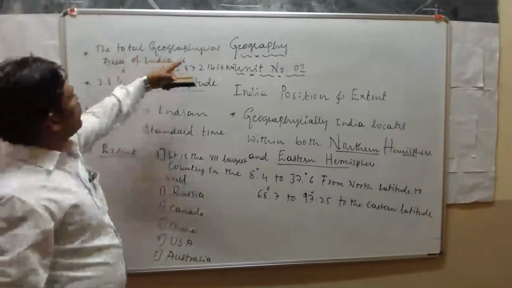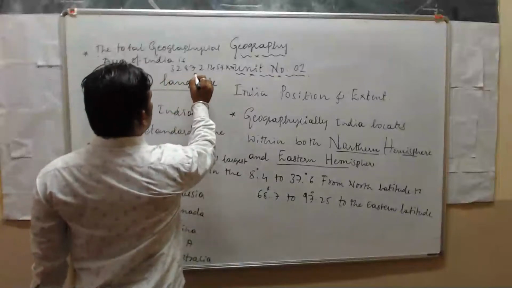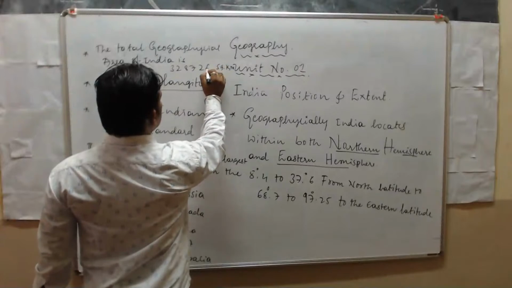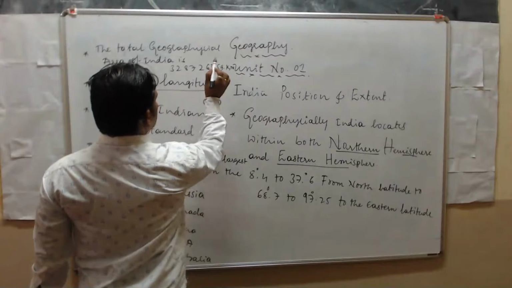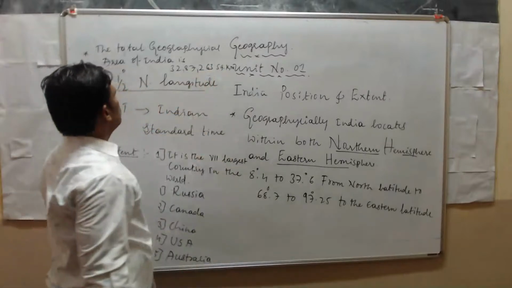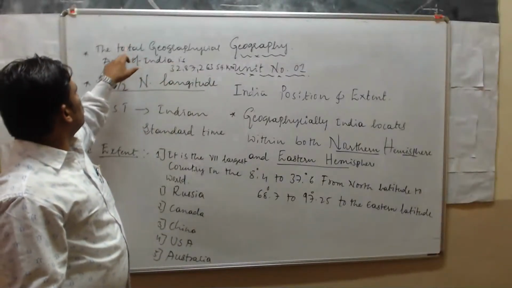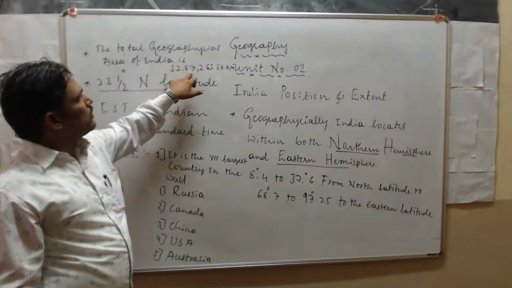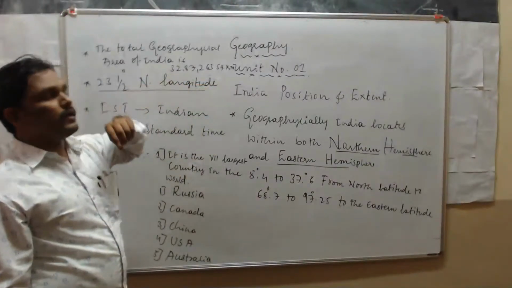The total geographical area of India is 32 lakh 87,263 square kilometers.